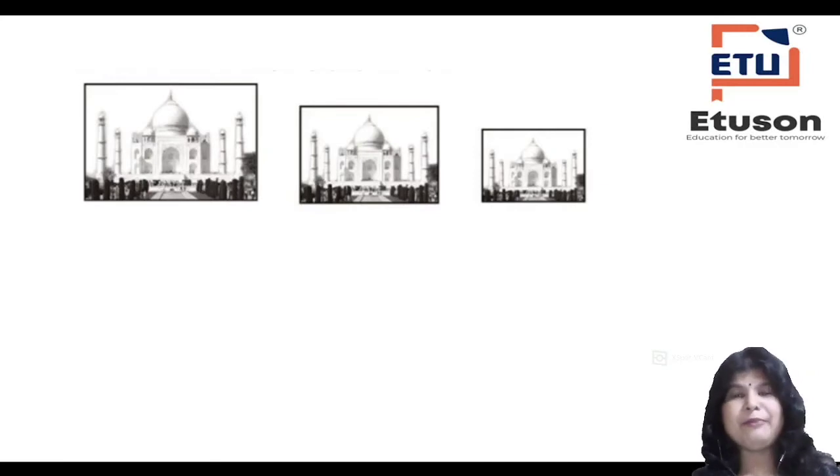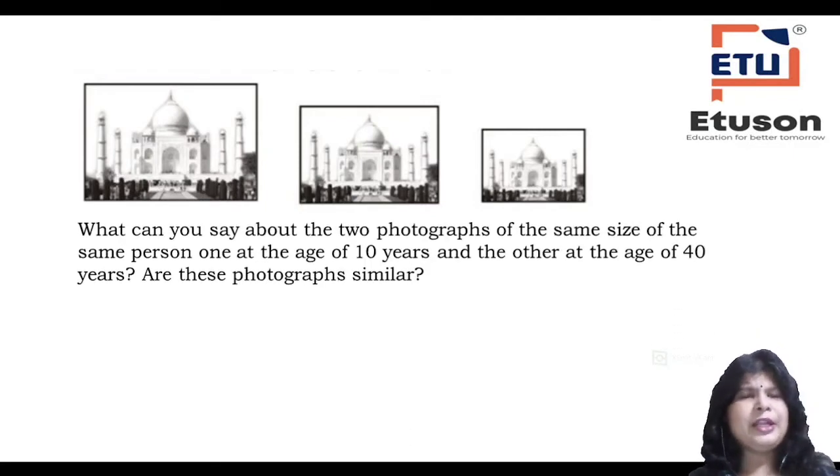You have a magnified version, so you have one large scale, one medium and one small scale, but all of them represent the same photograph. So you can say that all these are similar figures, but they are not congruent to each other. Correct or not?